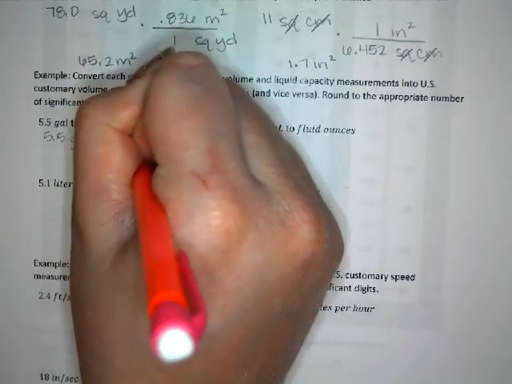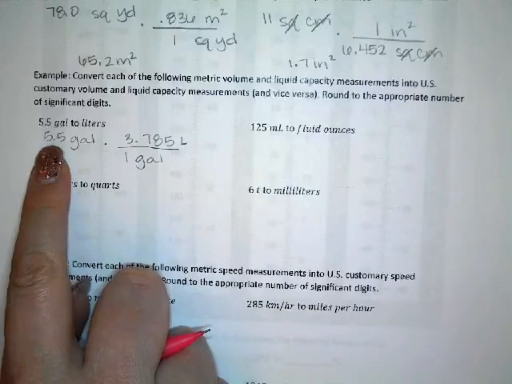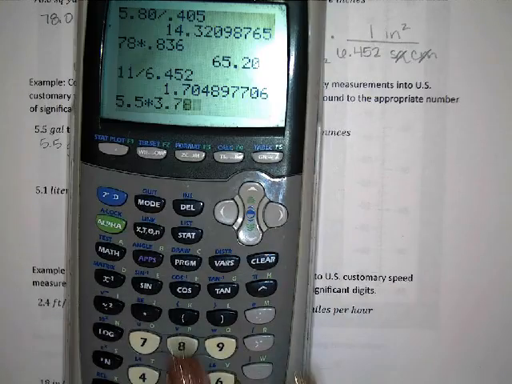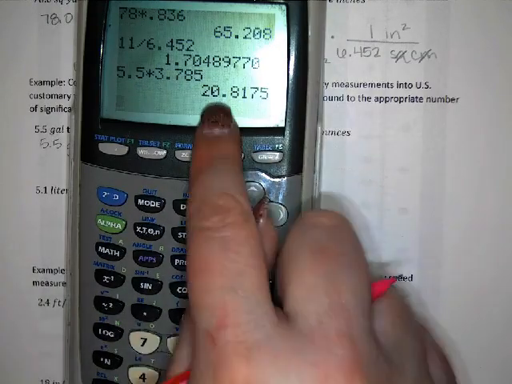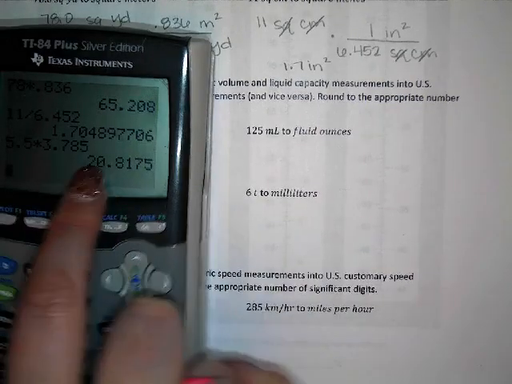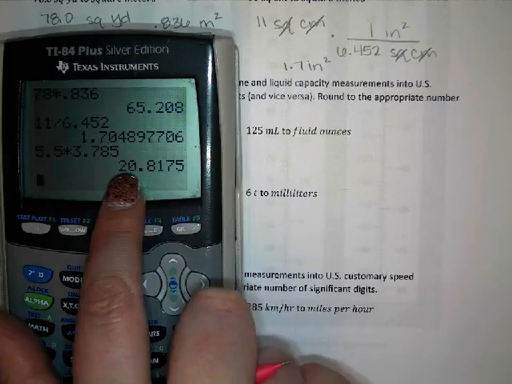This has 2 significant digits, so our answer is going to have 2 significant digits. So 2 significant digits gives us just the whole number portion. 20 is followed by a 0.8, and so we're going to write 21. So 21 liters.